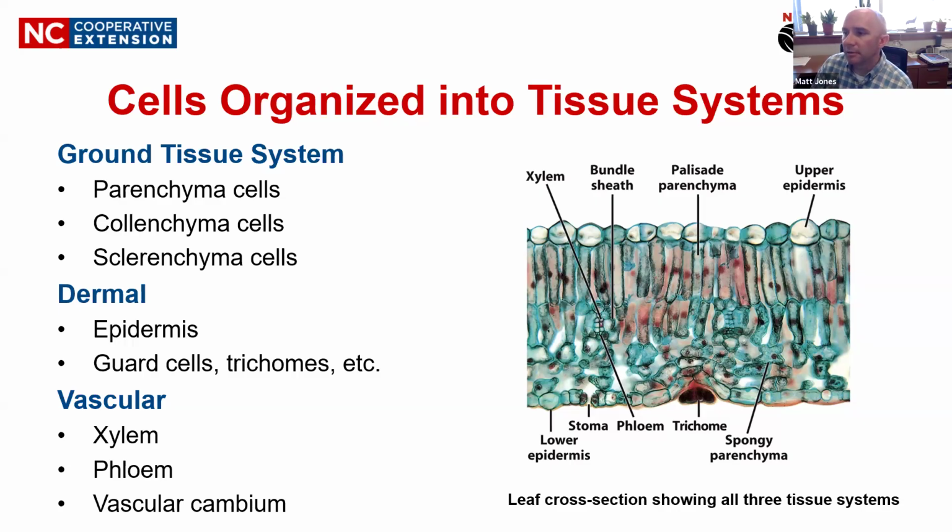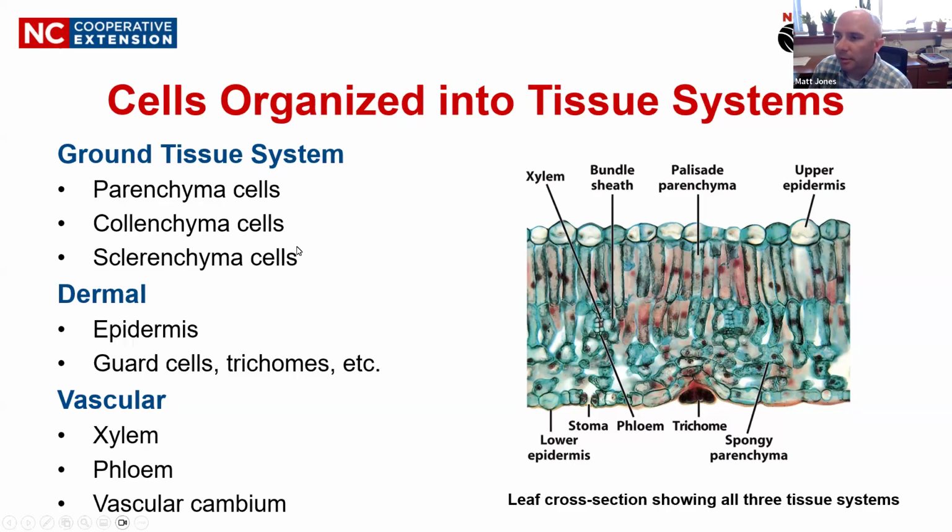Dermal cells are the epidermis, the outer layer of a plant's body, and then the other groups of cell types like guard cells and hair cells that can occur on the epidermis. And the vascular system is the aforementioned xylem that transports water, phloem that transports food, and the vascular cambium that makes up both xylem and phloem.